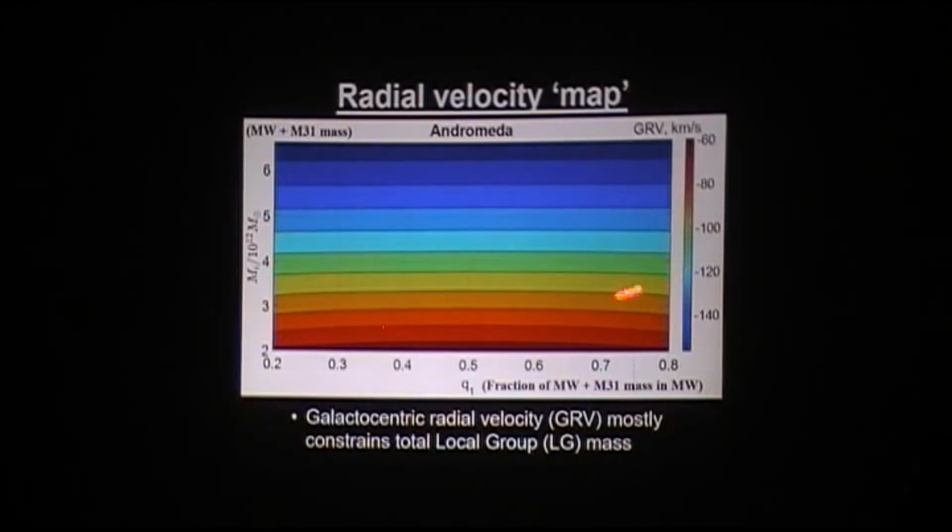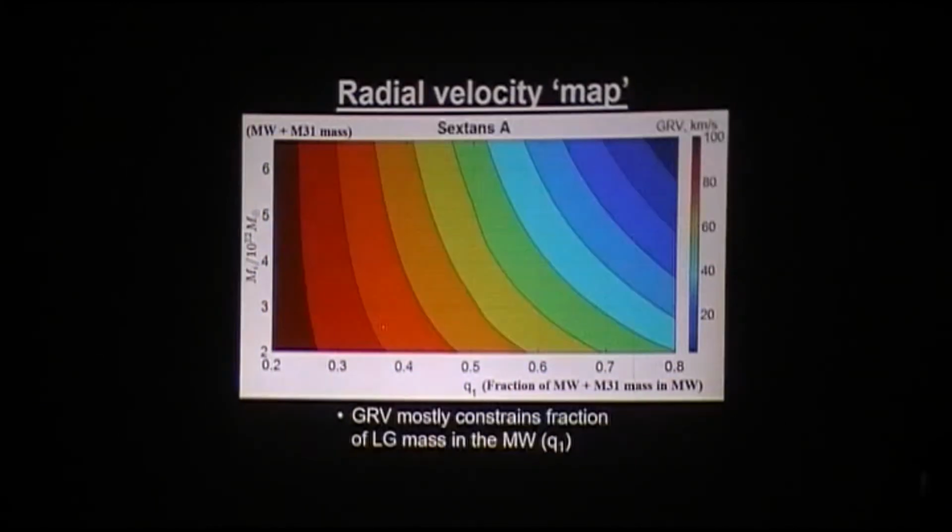In other words, you'd know the total Milky Way Andromeda mass. You wouldn't know how it was divided up between the galaxies. But because we used other galaxies in our analysis, you could tell that. So for example, if you knew Sextans A had a radial velocity of 80 kilometers a second, you'd know that 30% of the total mass must be in our galaxy. So if you have even more galaxies, you could start to test whether the model actually works.